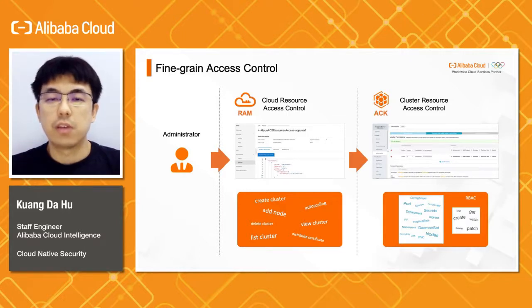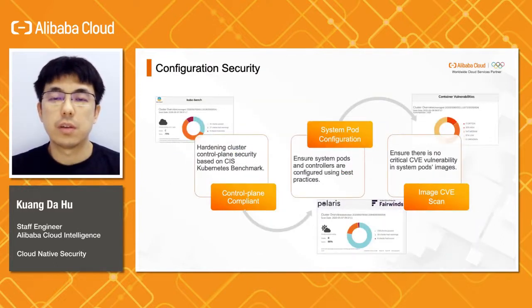Before the configuration finishes, we will check the RAM authorization for cloud resources and auto-generate the RAM policy if management access control is not finished. For default configuration security, in the first step, we have hardened the cluster control plane security based on the CIS Kubernetes benchmark.